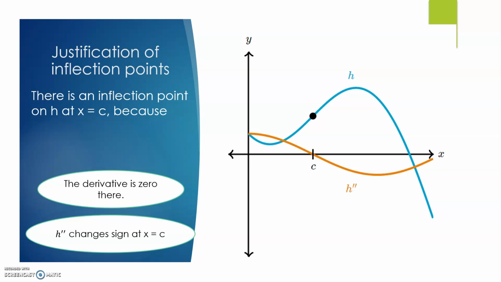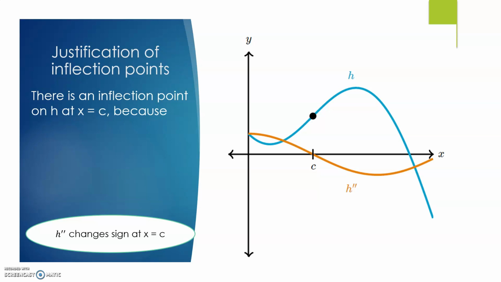What you really need to say in order to justify an inflection point is that there's a sign change. h double prime is changing from above the x-axis to below the x-axis. Again, be careful about language like the derivative or the second derivative. I don't know which derivative you're talking about because you can take a lot of derivatives. So just be very clear, give it a name. It's very short to write h double prime, so do that.